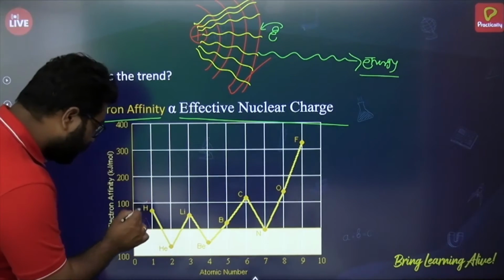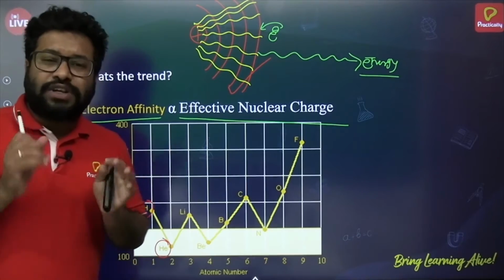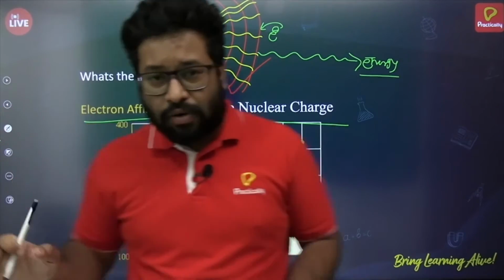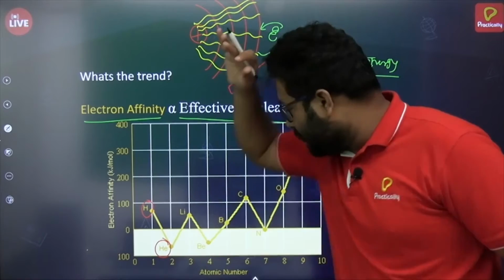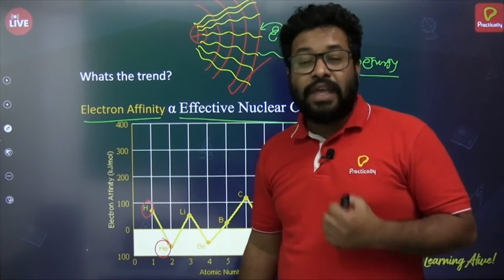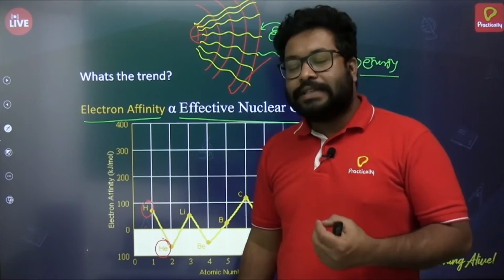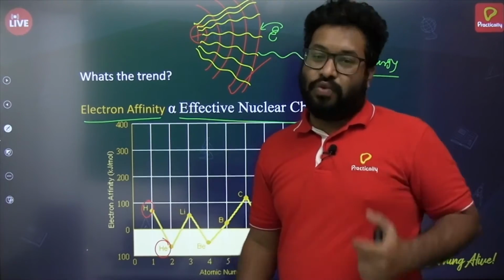See, this is your hydrogen, helium. Now hydrogen has some electron gain enthalpy, no doubt about it. But as soon as it goes to helium, electron gain enthalpy suddenly decreases. Why? Because helium is a noble gas. It doesn't want electrons to get added to it, nor does it want to lose electrons. Okay.